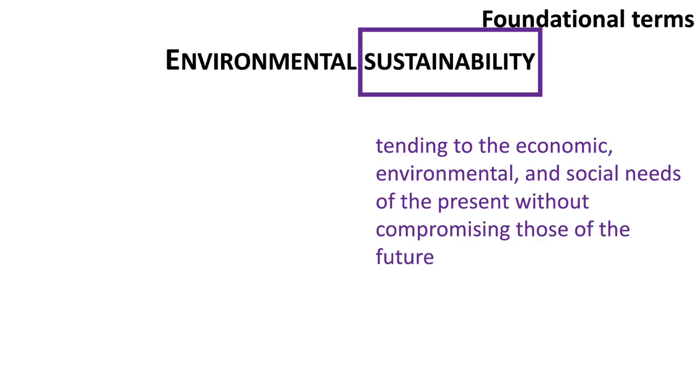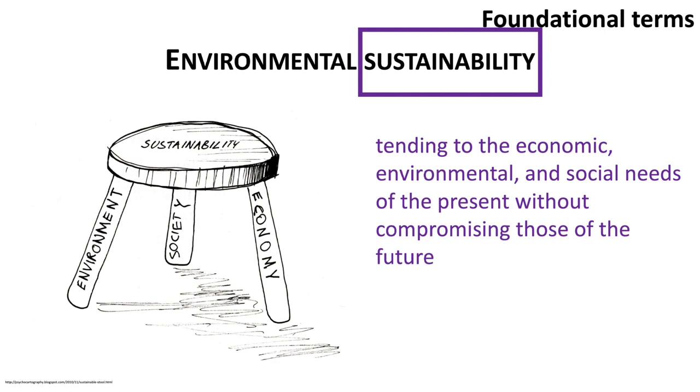One very general, albeit incomplete and imperfect definition, is tending to the economic, environmental, and social needs of the present without compromising those of the future. As many people describe it, sustainability is a three-legged stool, with the three legs being economy, environment, and society.